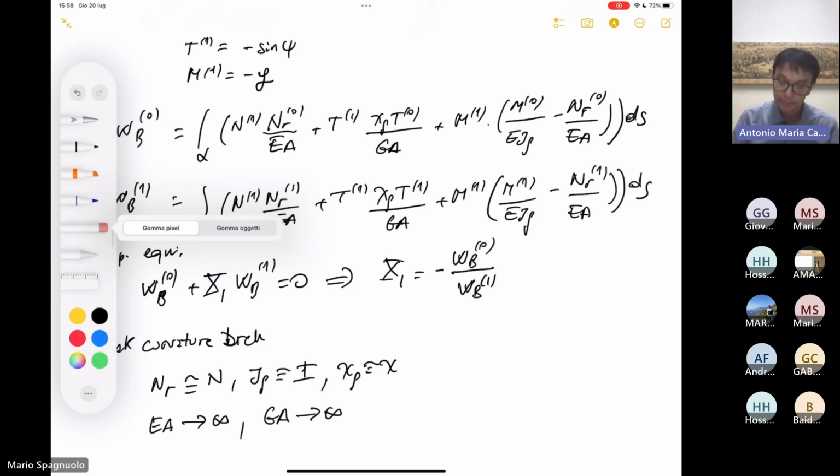Actually, for obtaining these numbers, I think we assume both. I will give you the final results that I'm taking from a reference, because it's a pretty cumbersome computation. If we only assume GA going to infinity at first, I will give you the value.